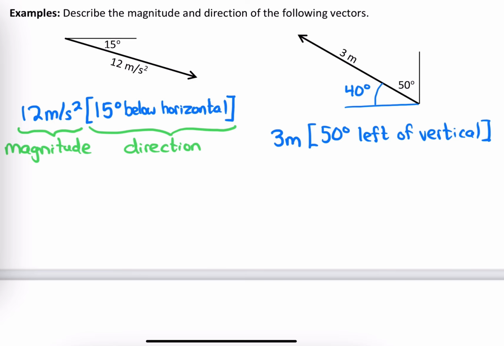So another way I could write this vector is 3 meters, 40 degrees above horizontal. Two ways to write it. Both are acceptable.